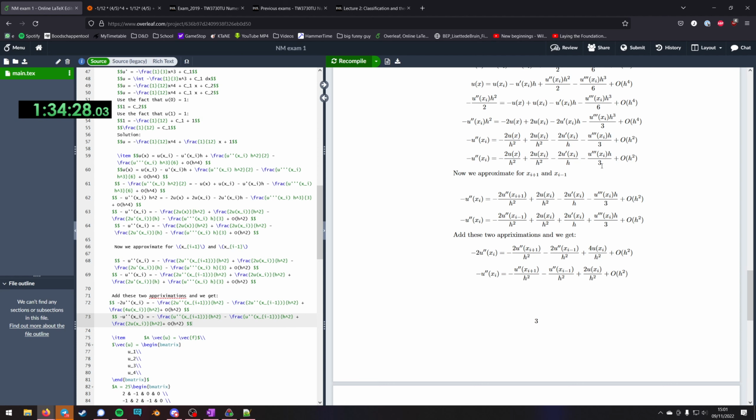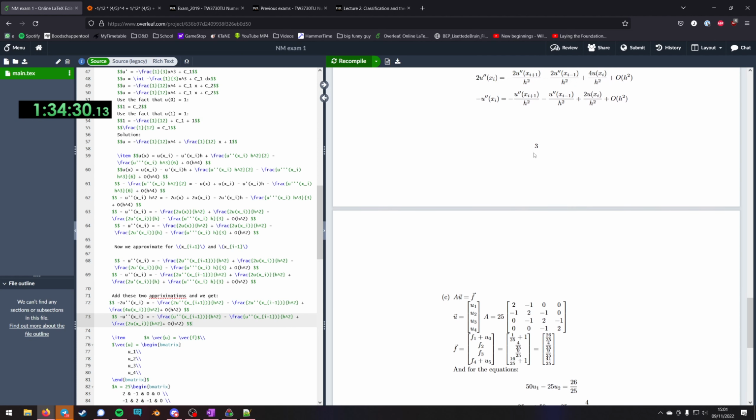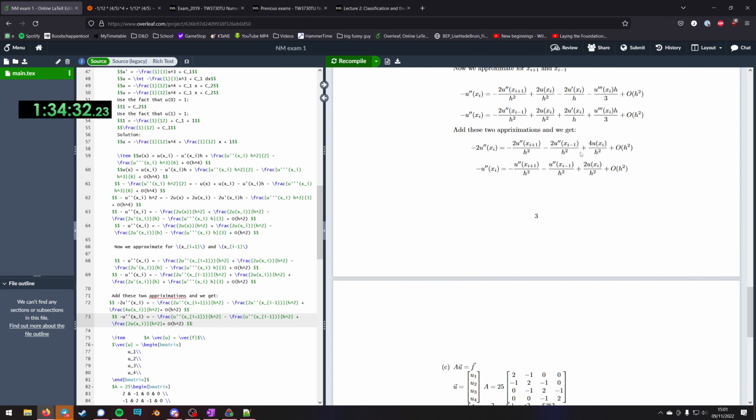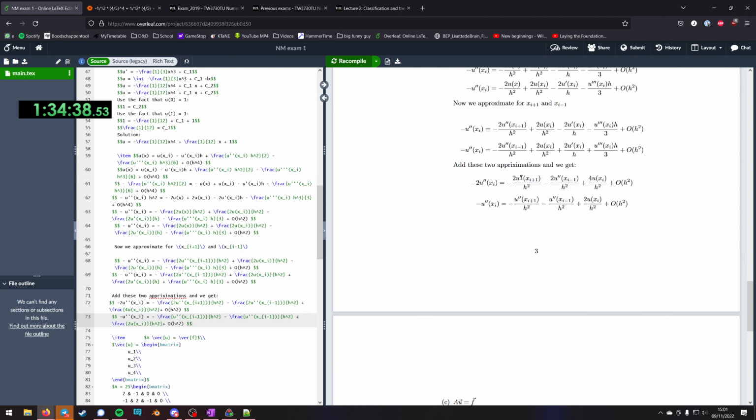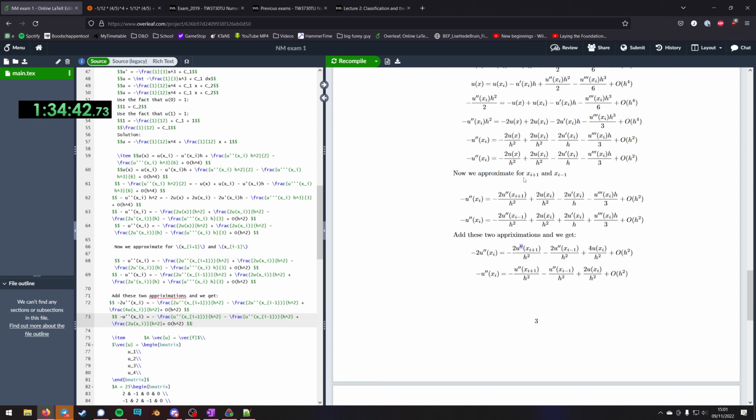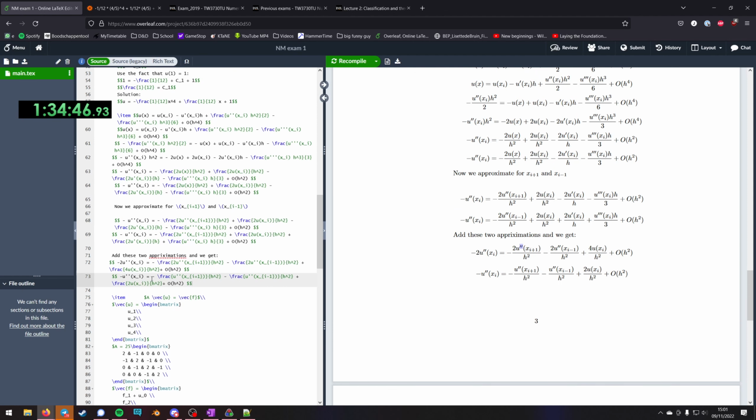Yeah, okay, that looks better. Now we know what we're actually dealing with. Although I messed up some double primes here. I think I replaced all U's with U double prime in the last two rows.